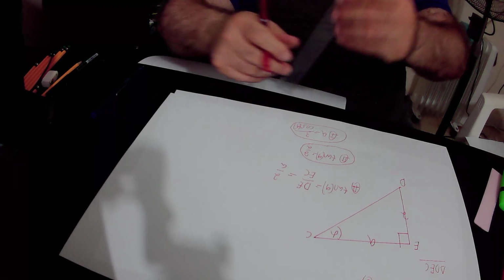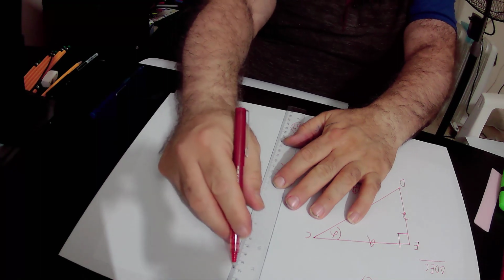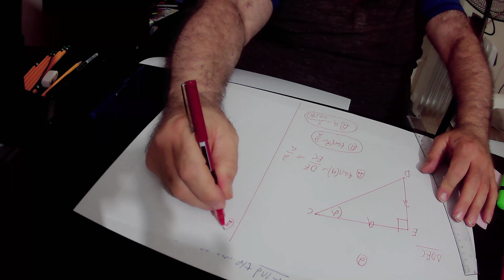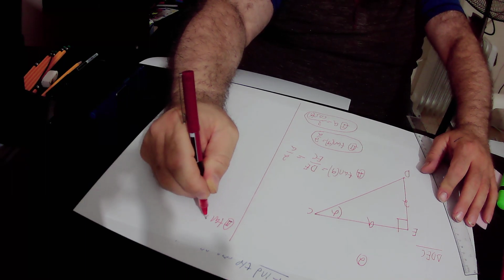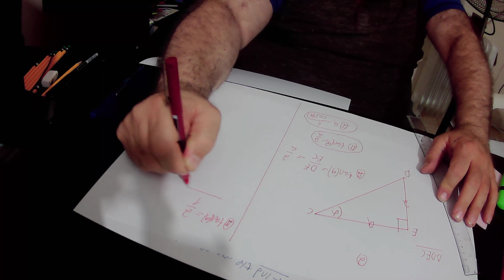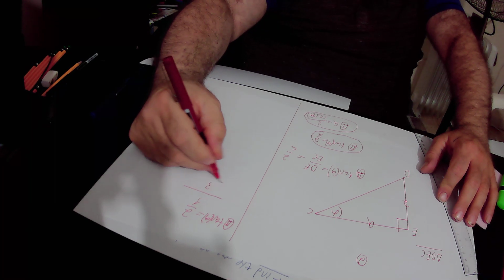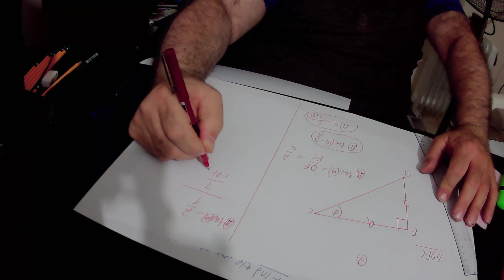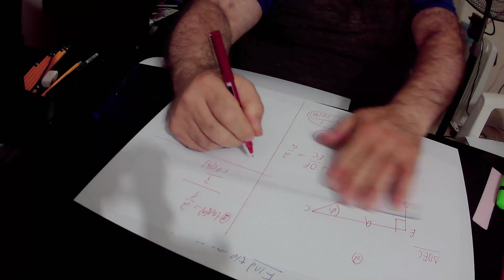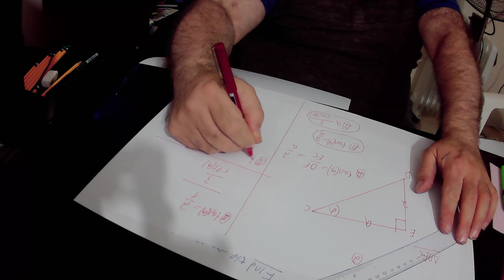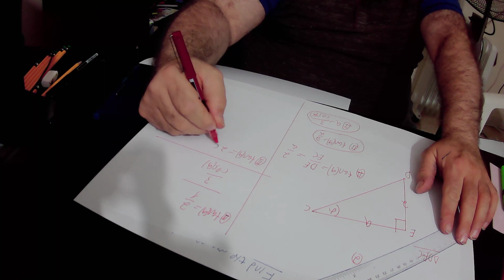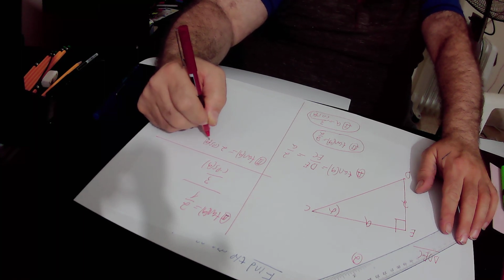We will do it now and we will get that according to equation number 2, tangent alpha equals 2 over a, and a according to equation number 1 is 3 over cosine alpha. So tangent alpha is equal to 2 times cosine alpha over 3.